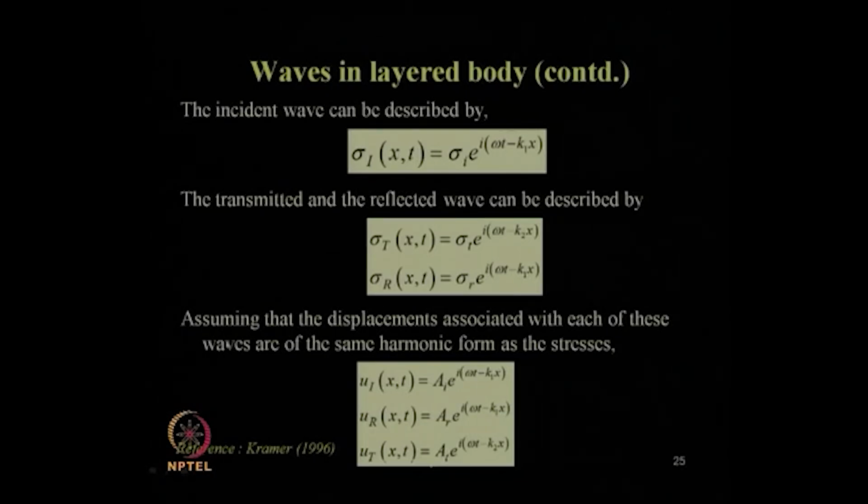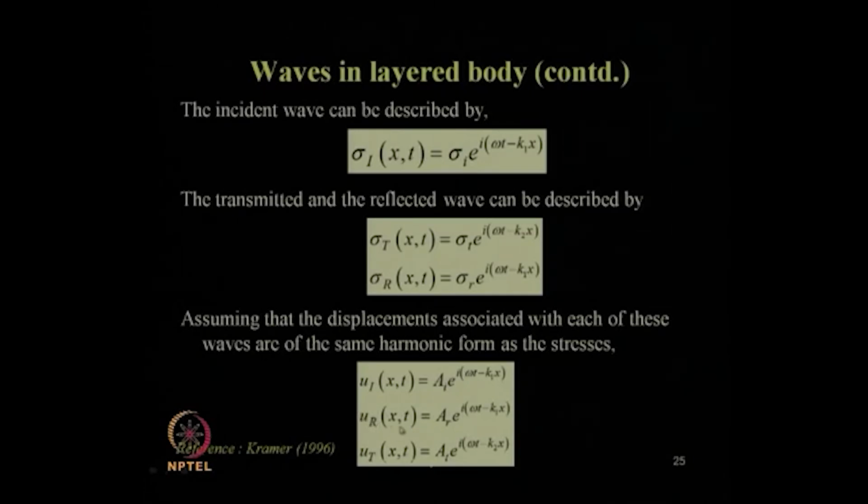Now, assuming that the displacements associated with each of these waves, that is incident, transmitted and reflected waves, are of the same harmonic form as that of stresses. That is, displacements also we represent in the harmonic fashion, with the incident wave displacement function u of x and t written as A I, where A I is nothing but the amplitude of the incident wave, expressed in this fashion.